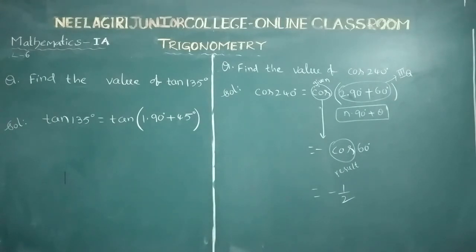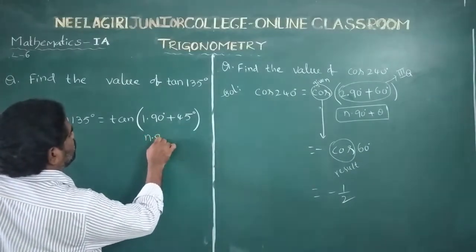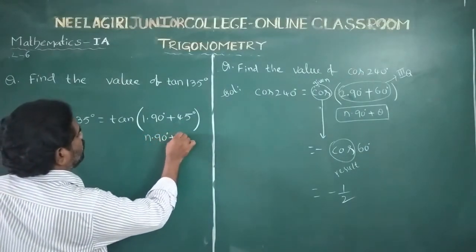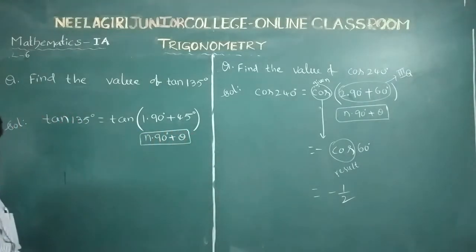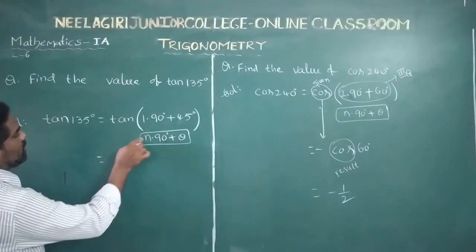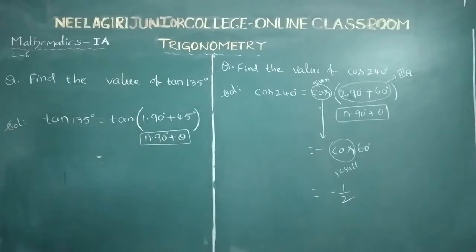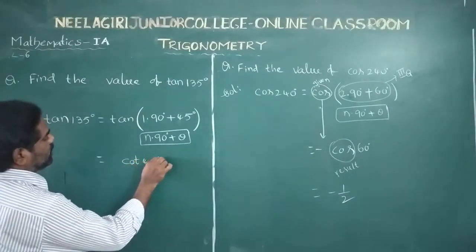How much? 135. Now this is in the form of n into 90 plus theta. Here n equals 1, an odd number. Tan changes to cot 45 degrees.